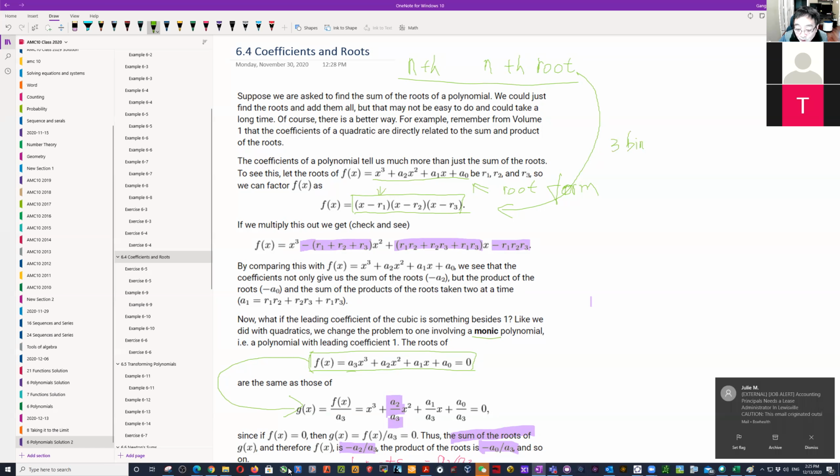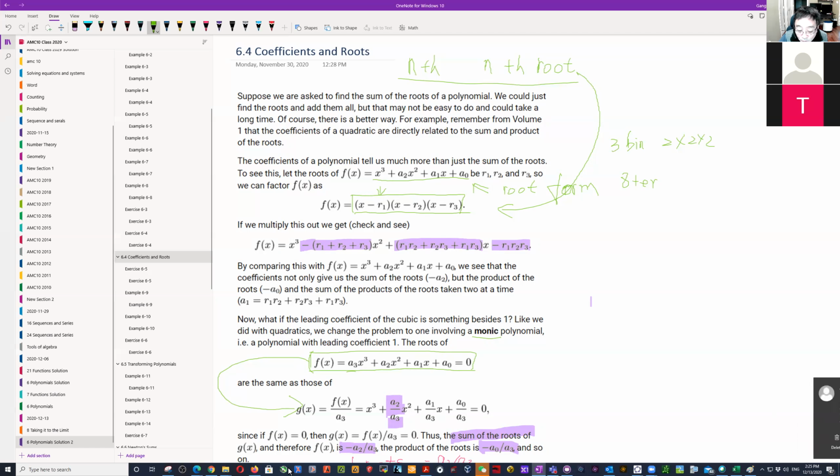If you multiply it all together, it has 8 terms, because it's 2 times 2 times 2. Of those 8 terms, if you take only x, that's the leading term, x cubed. If you take only the roots, the constant, it's going to be negative r1 r2 r3.